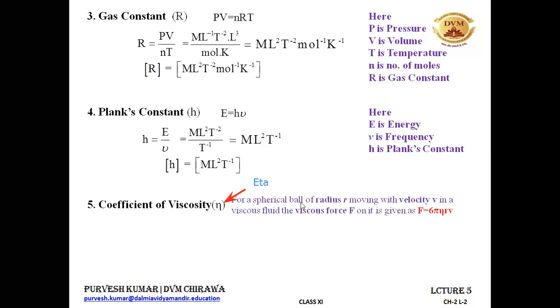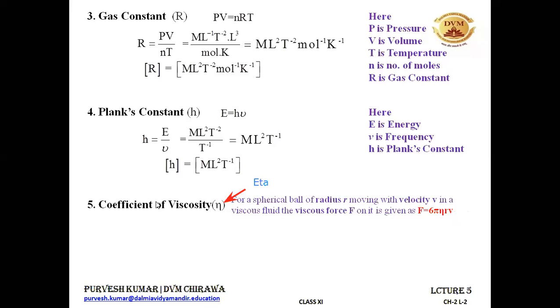For a spherical ball of radius r moving with velocity v in a viscous fluid, the viscous force F on it is given by the formula F is equal to 6 pi eta r v. This formula we will be deriving when we do chapter number 10, that is the properties of fluids. When we do the mechanical properties of fluids, we will derive this formula over there. For now, you have to remember only this formula, that F is equal to 6 pi eta r v, where F is the viscous force, r is the radius, v is the velocity, and eta is the coefficient of viscosity.